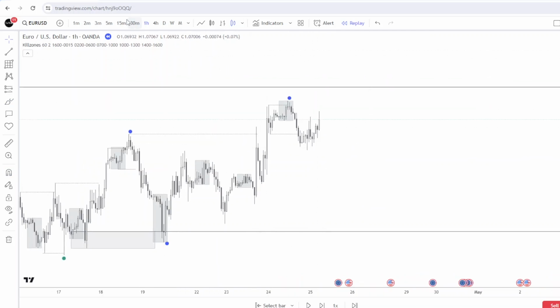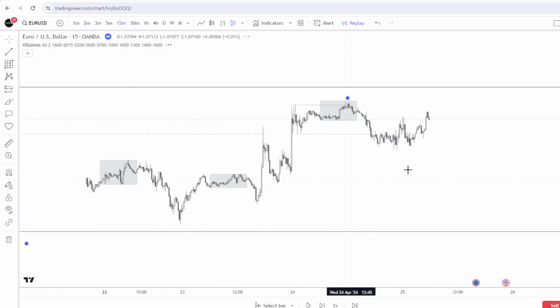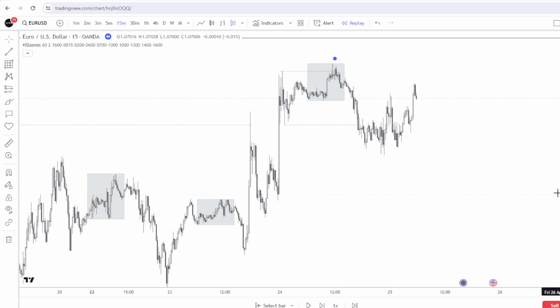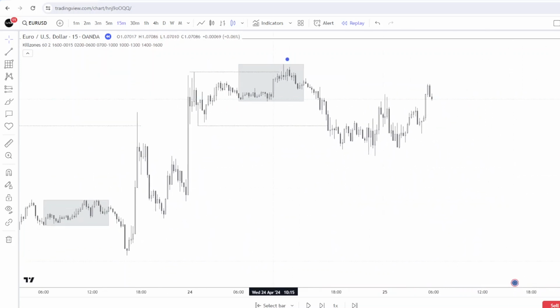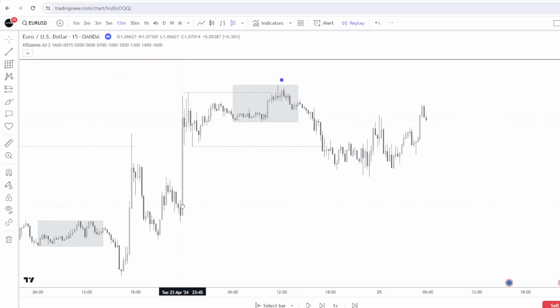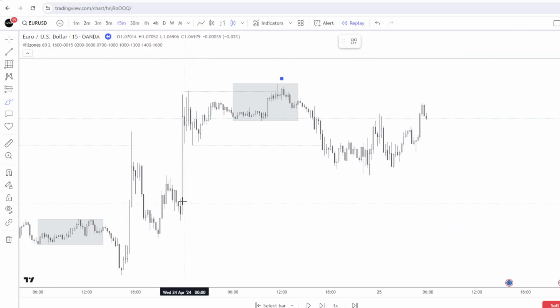Now we had this high on H1. I went to my M15. On my M15 it is the same scenario. We have the low here, we have the low here and the high here. So this is our dealing range.